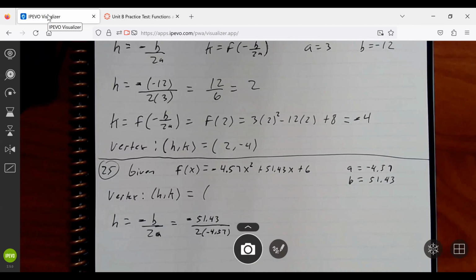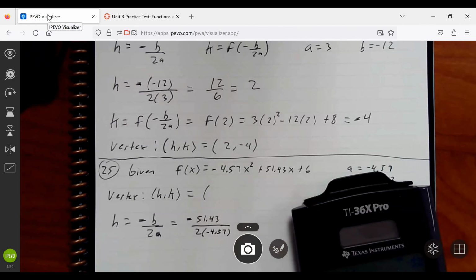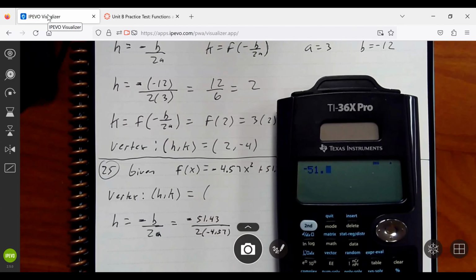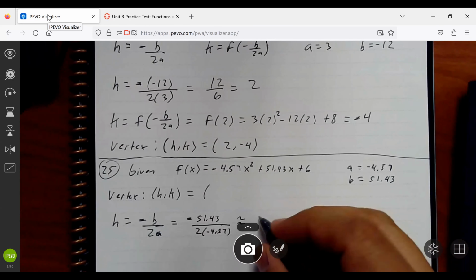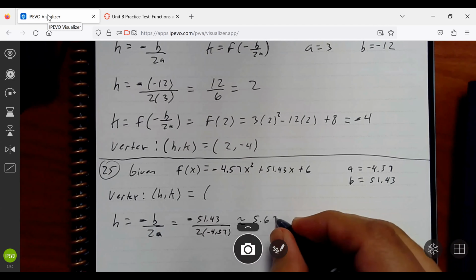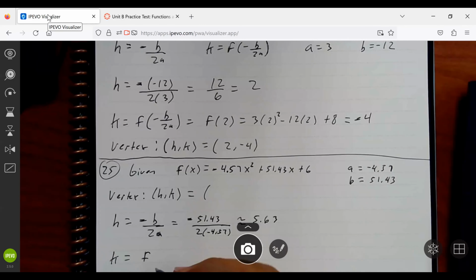Whatever that is, I think it's calculator time, right? Okay. 5.63. Now k will be f at this number.